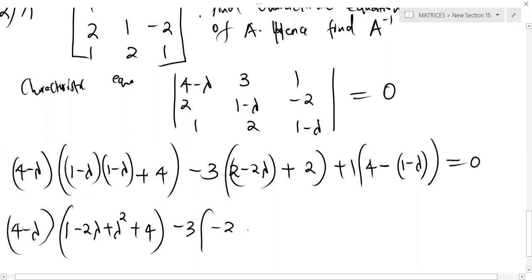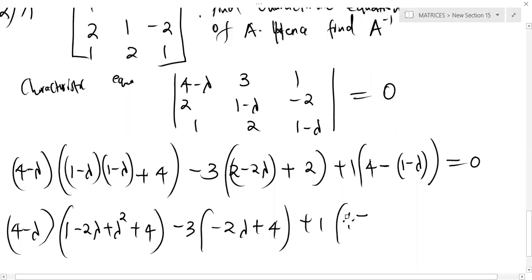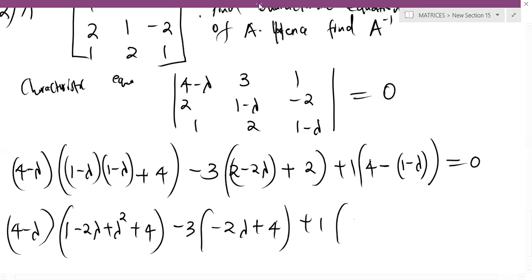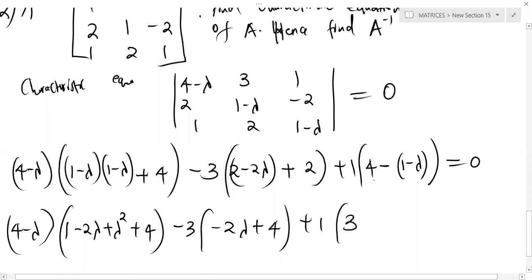So we'll just have minus 2 lambda plus 4 over there, then plus 1 into 4 minus 1. So 4 minus 1, we can just write that as 3, and then minus lambda, that will be plus lambda is equal to 0.